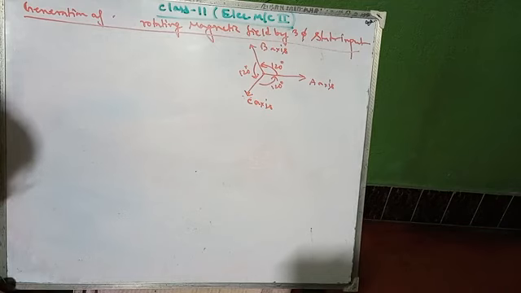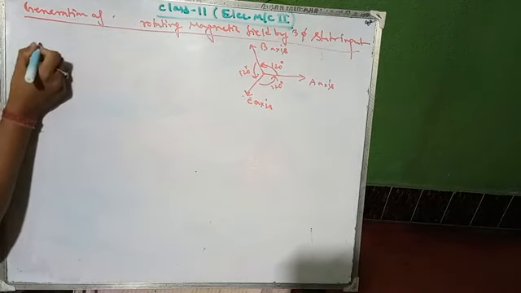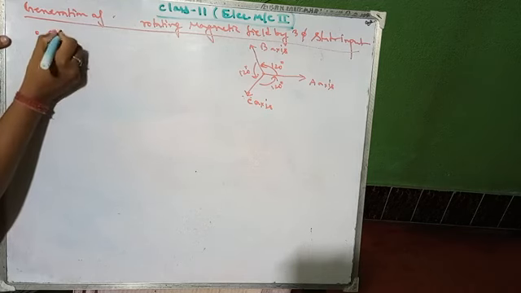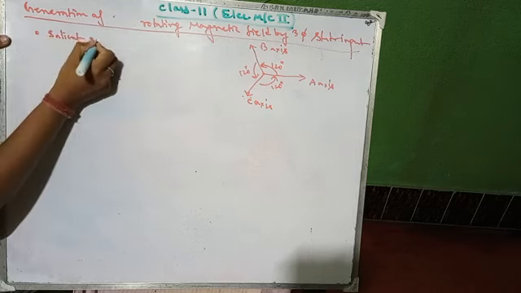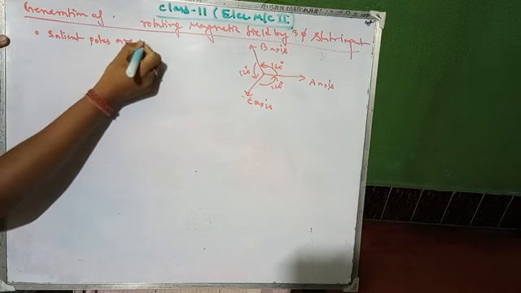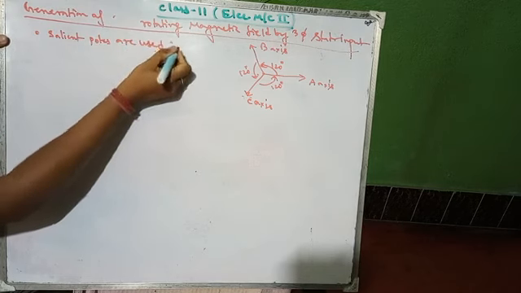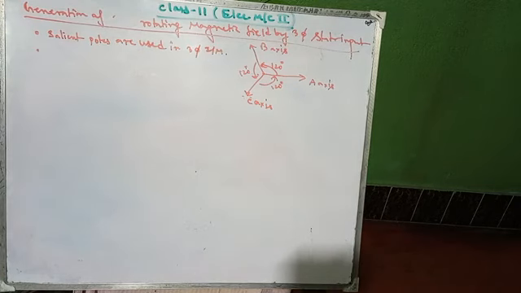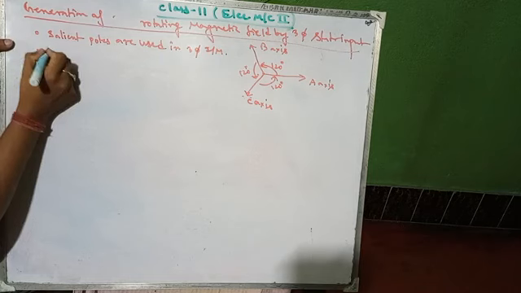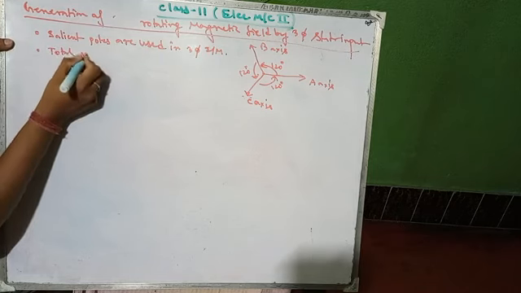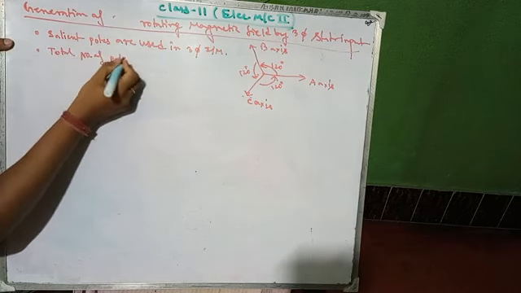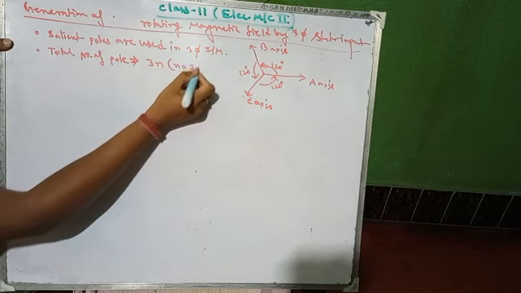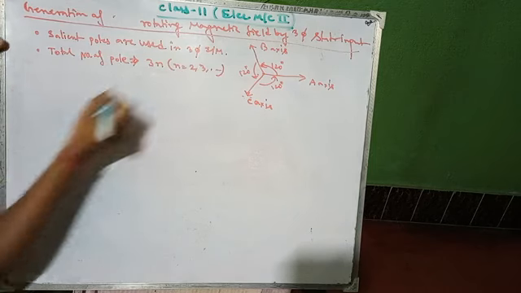Okay, so write some points. Salient poles are used in the 3-phase induction motor. Second point, the total number of poles is 3n, where n equals 2, 3, and so on.